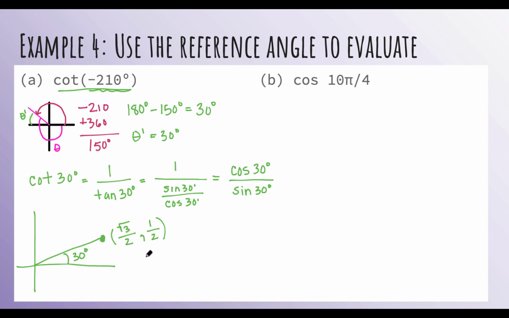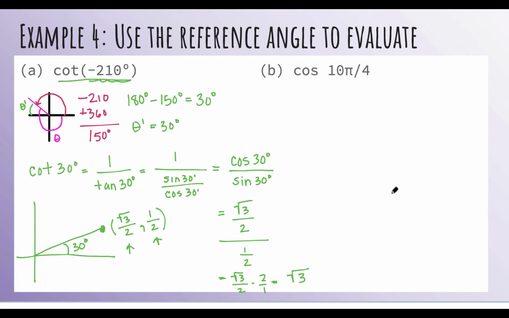Cosine, we said, is going to be our x coordinate, so this is equivalent to the square root of 3 over 2. And we're dividing it by the sine of 30 degrees, which is our y value, 1/2. When we divide this through, we have the square root of 3 over 2 multiplied by 2 over 1, and we end up with the square root of 3.